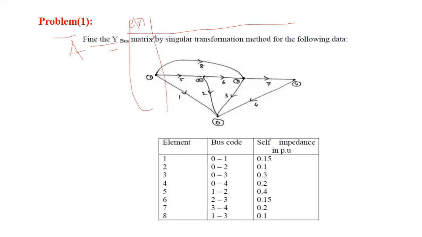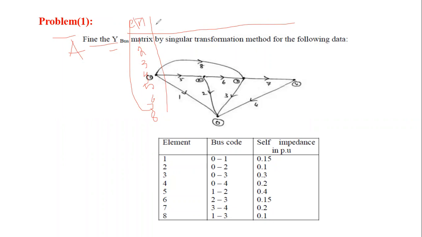How many elements are there? We have 8 elements: 1, 2, 3, 4, 5, 6, 7, 8. Next, how many nodes are there? That is 0, 1, 2, 3, 4.